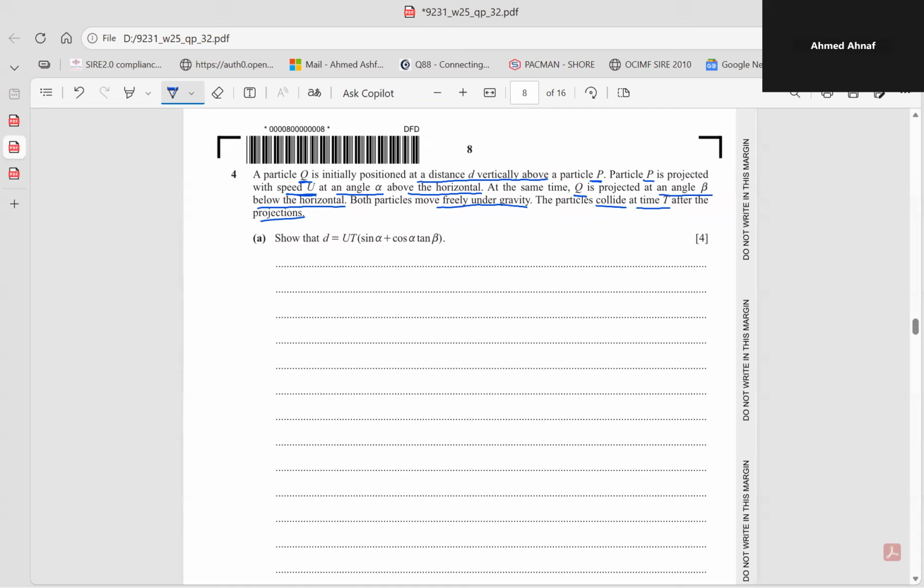Both projectiles intersected at that exact point at that exact time t. So for the first part, we need to show that this result is true.